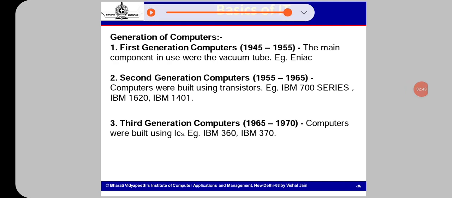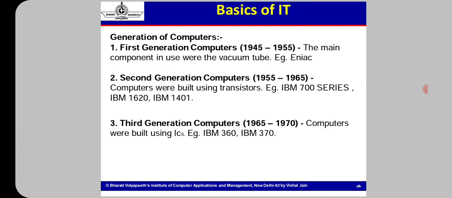So in second generation computers, transistors are the main component used. Example computers are IBM 7 series, IBM 1620, IBM 1401.